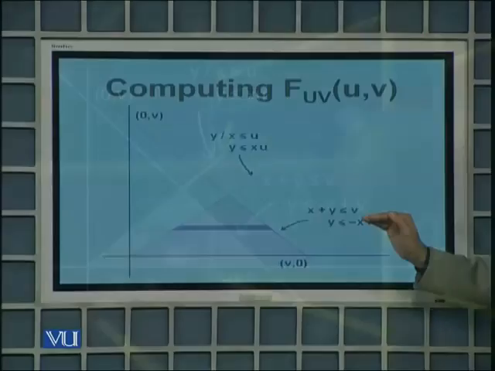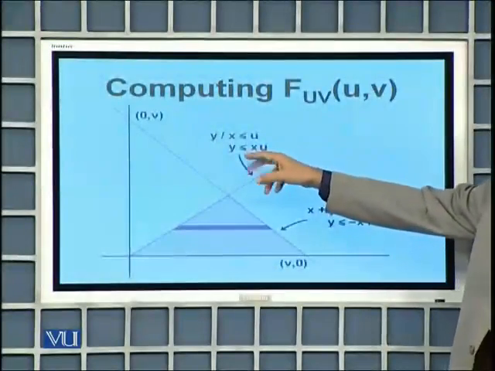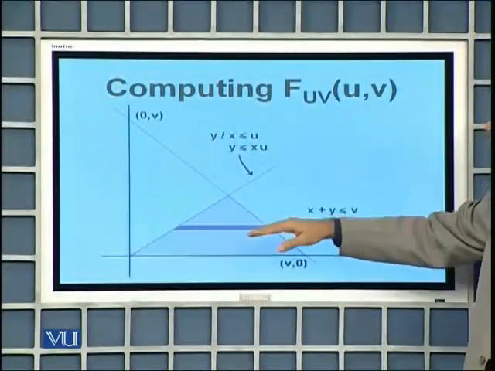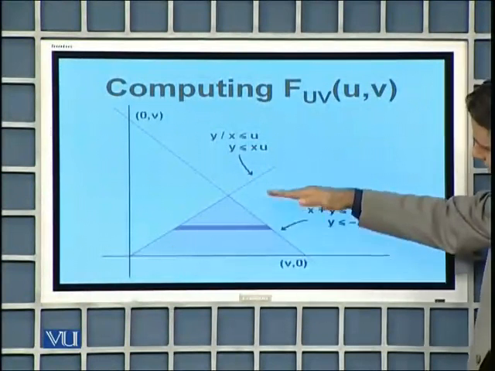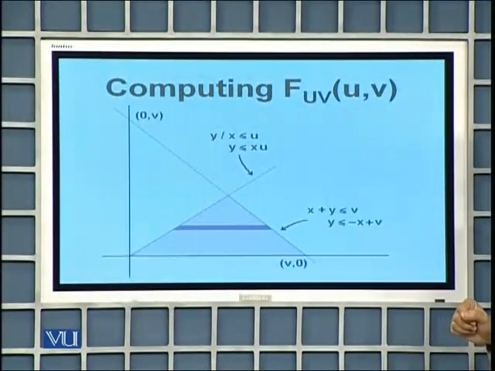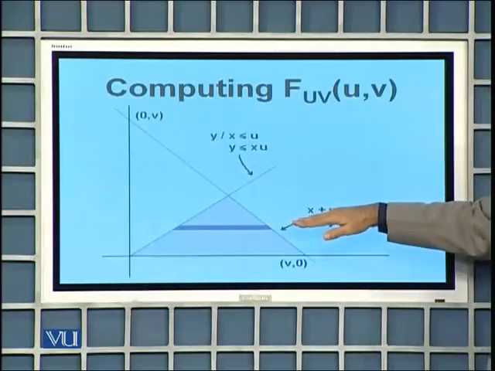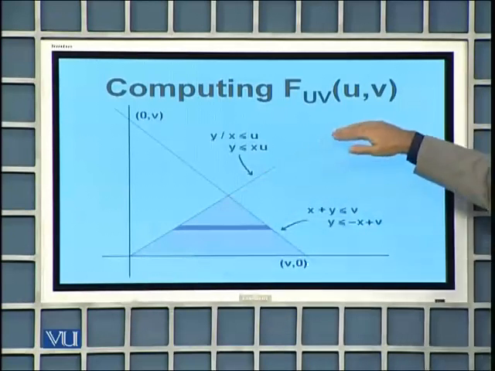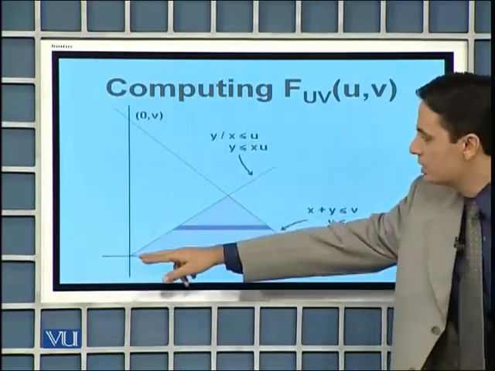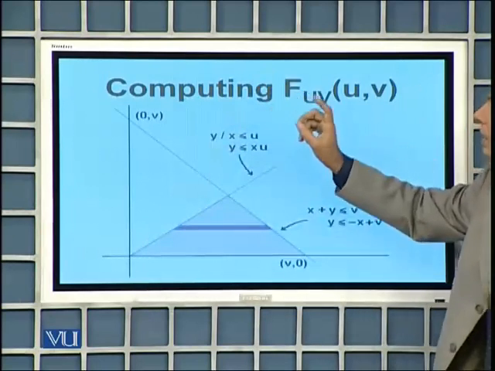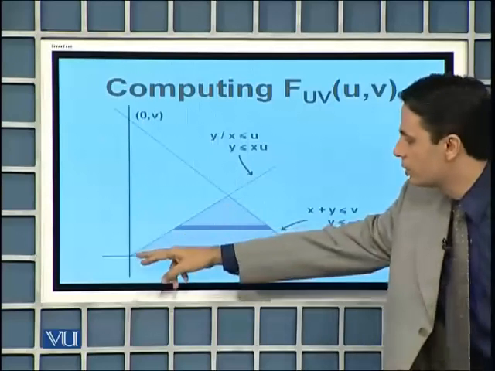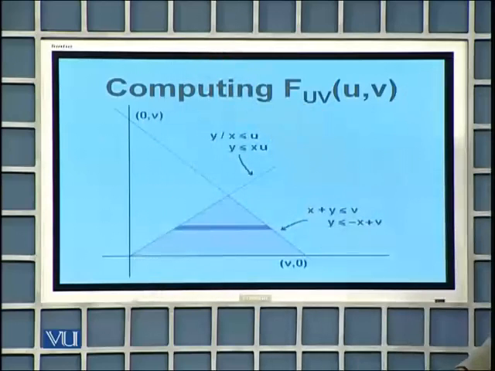So for very small slope, all the points where y is less than xu are all the points below the line with slope u, which is small. So a line with small slope is somewhere here, a line with larger slope is somewhere here, and a line of still larger slope is somewhere here, and a line of infinite value of slope is a vertical line.